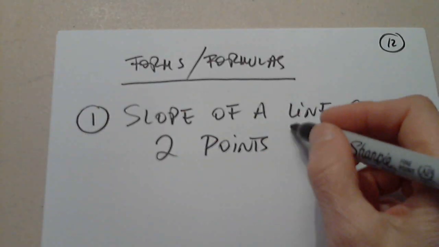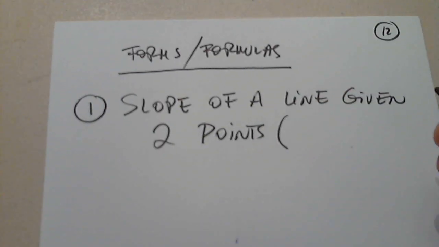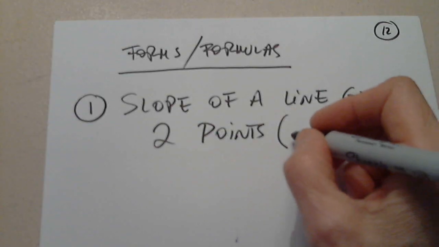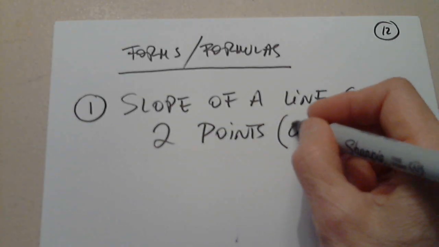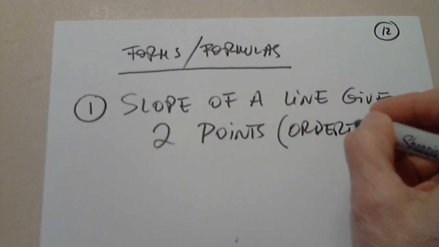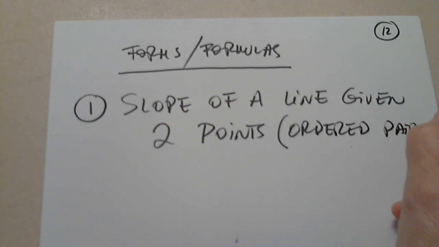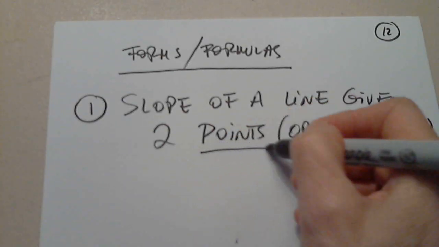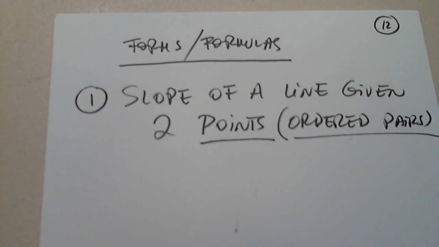We say points, but we also use the nicer mathematical term, 2 ordered pairs. We mean the same thing. When we say 2 points or 2 ordered pairs, we mean the same thing.